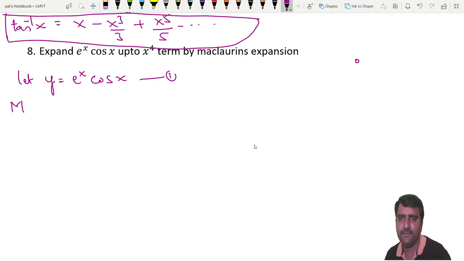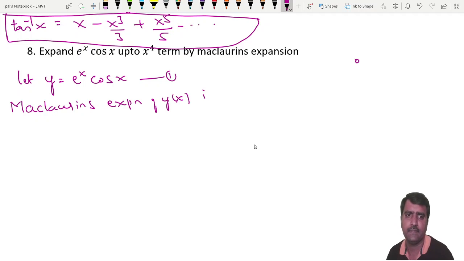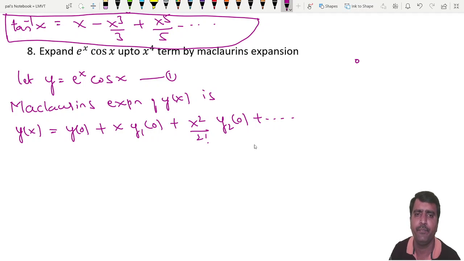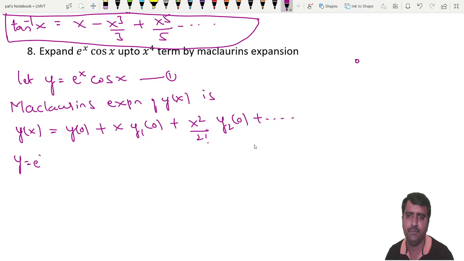Maclaurin's expansion of y of x: you know that y of x is equal to y of 0 plus x into y1 of 0 plus x square by 2 factorial into y2 of 0. It continues like this.